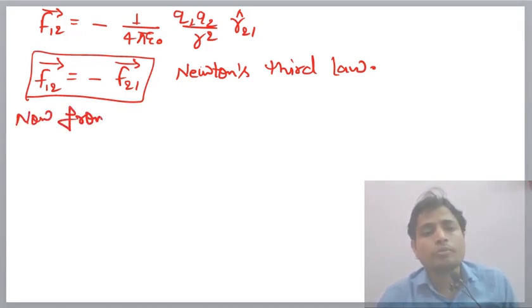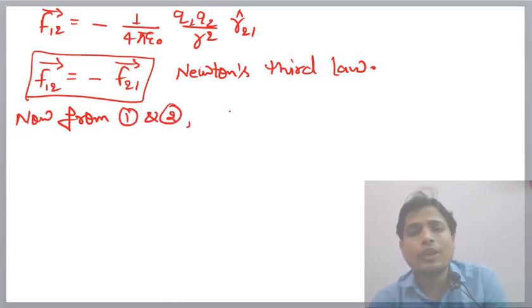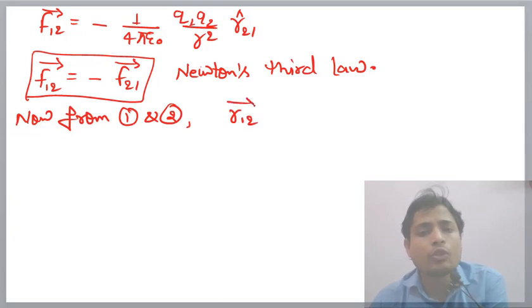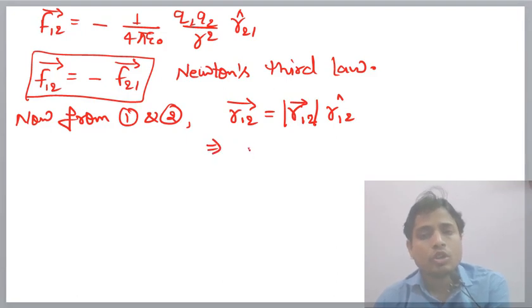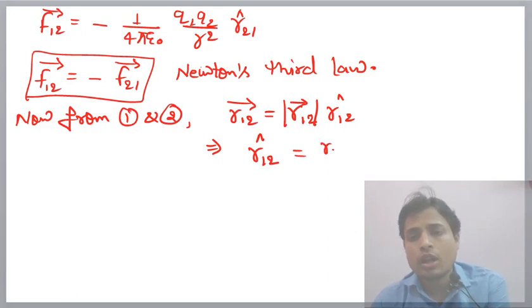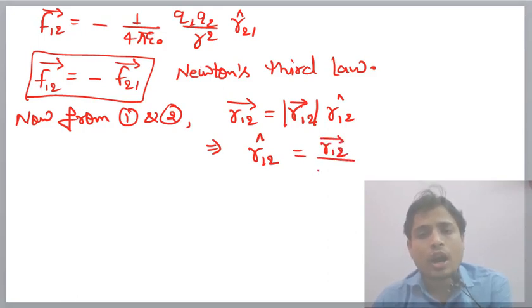from 1 and 2, we know that if there is an r12 vector, it means the magnitude of the r12 vector and the r12 cap. So r12 cap will be r12 vector upon magnitude of r12 vector.